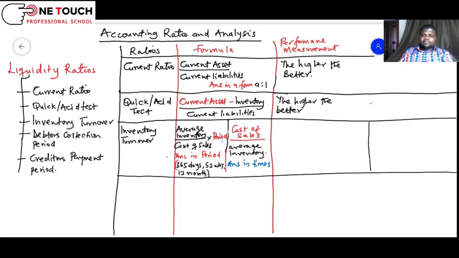Okay, so let's see. If the answer is in days or in period, if calculated in period, then once it is measured in period, we are looking at how long it takes you to turn over one set of inventory. So the longer the period, it means that you are not doing well.